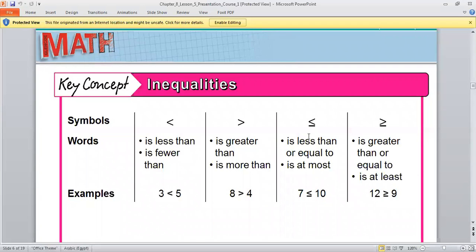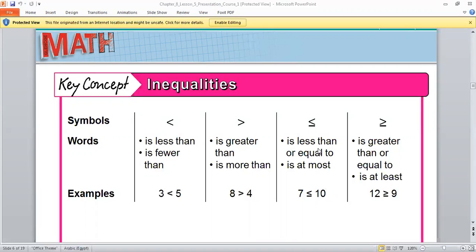Again, this one is very important. If it gives me less than, I read less than. If I have this sign, I have less than or equal, or we can read this one as at most.